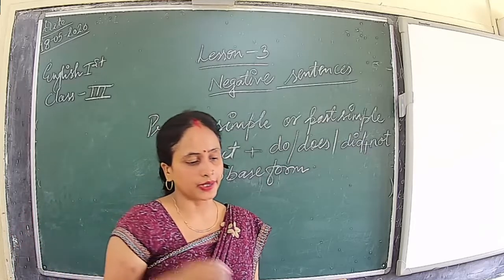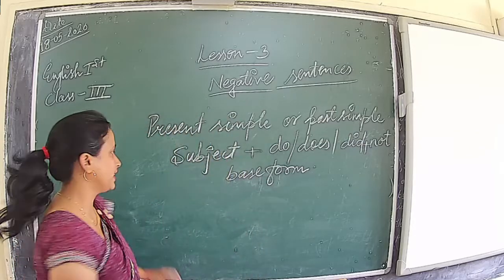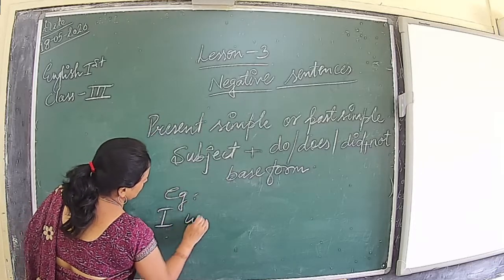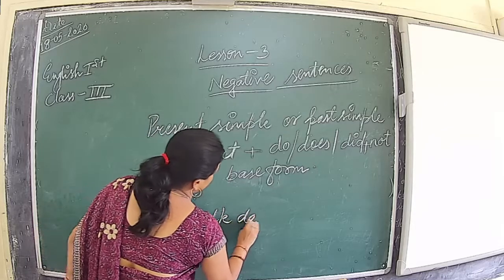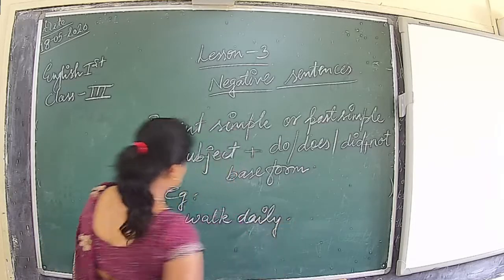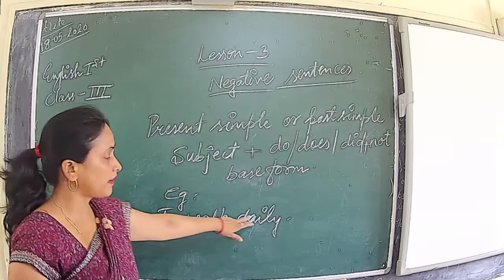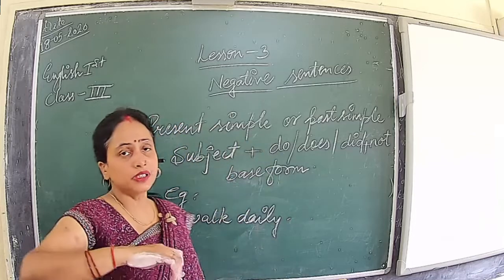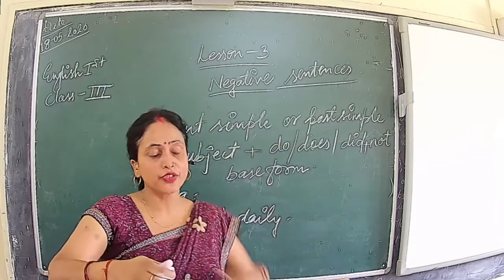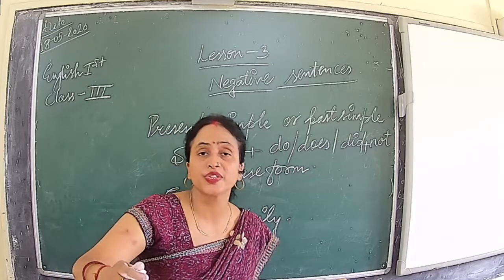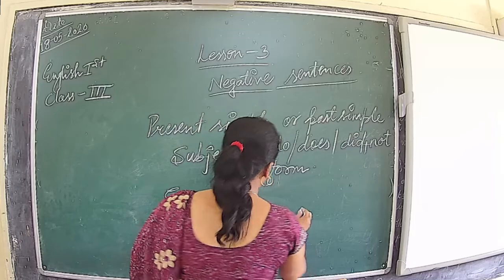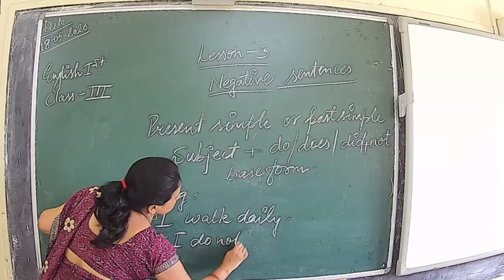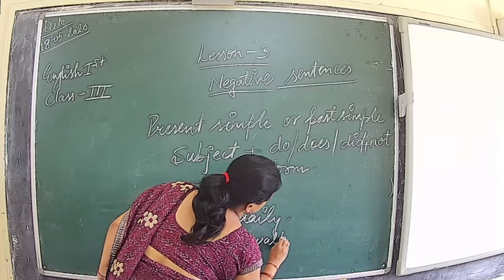So some examples are here. Suppose, listen to the examples: I walk daily. Which tense is it? It is present simple. I walk daily. And when you have to change it into the negative sentence, what will it become? I do not walk daily. This is the affirmative sentence, and when you change it, I do not walk daily.